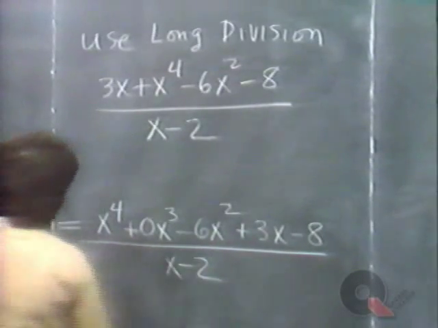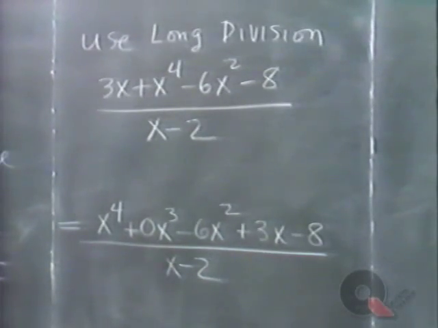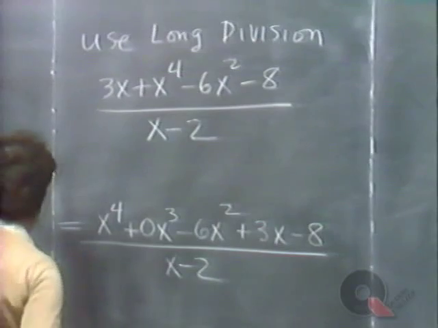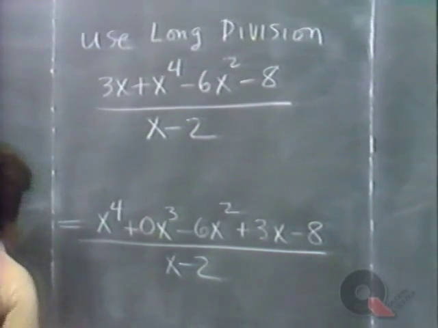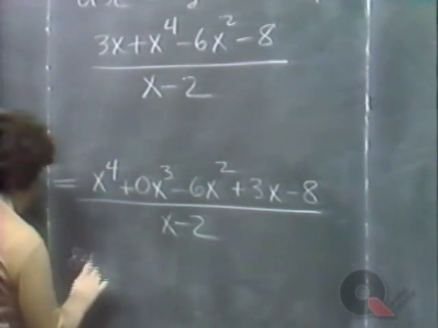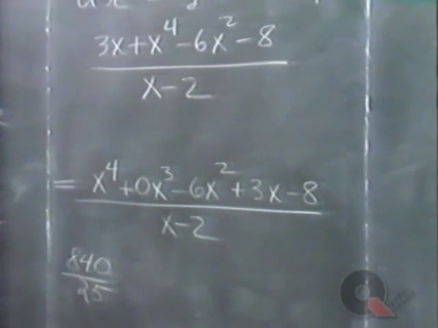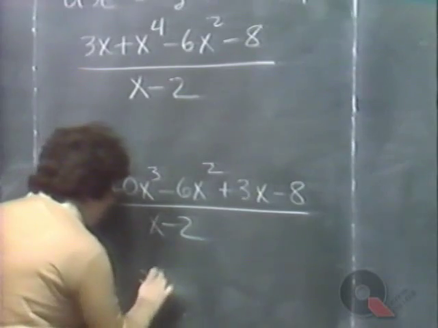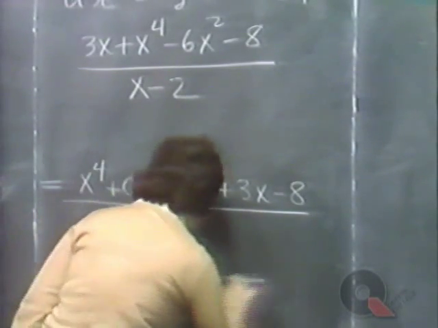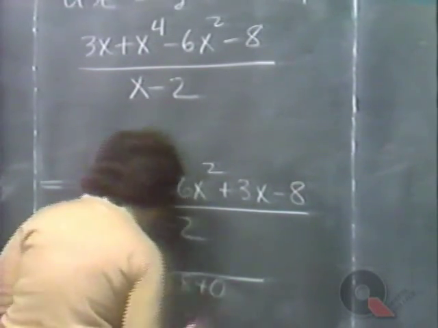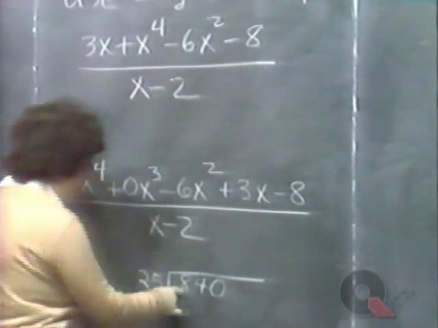I'm going to pattern it after the long division that you've seen with arithmetic. For example, let's say we wanted to take 840 divided by 25. Okay, this means 25 into 840. So first we put 25. 25 doesn't go into 8.